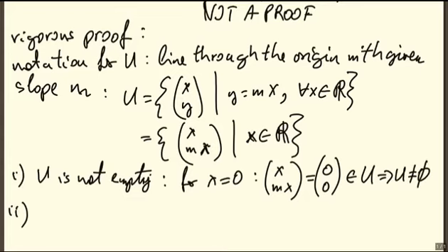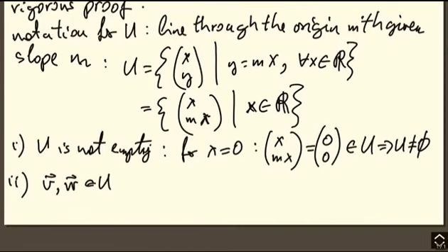Second property was the addition of vectors. So we need two vectors, v and w from U, and we have to look at v plus w. So for that we have to look at how v can look.